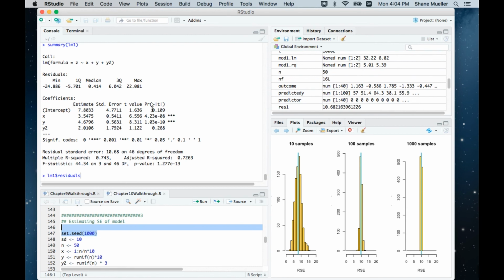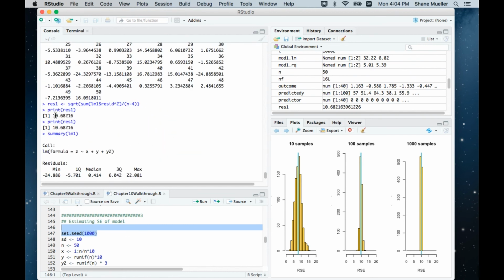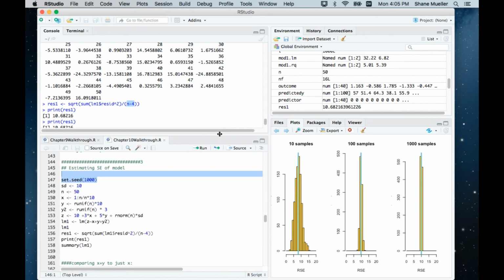It shows me statistical tests of each of the parameters, but importantly, it gives me a residual standard error. And you can see that the residual standard error of 10.68 on 46 degrees of freedom is exactly what I did here. I got 10.68, the same number. There's 50 points here, and it's n minus 4, 46.